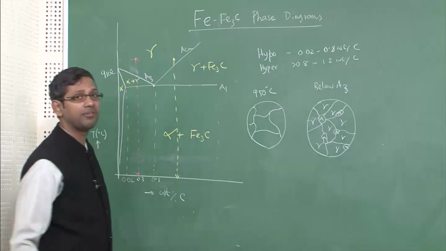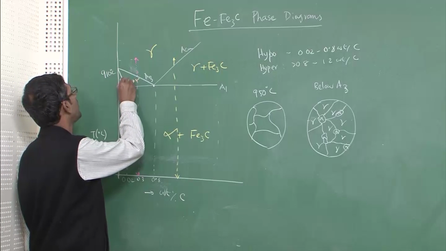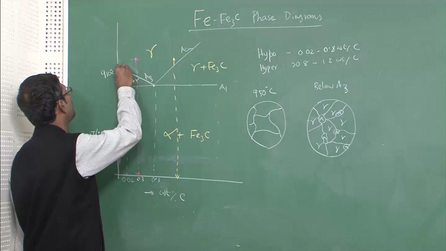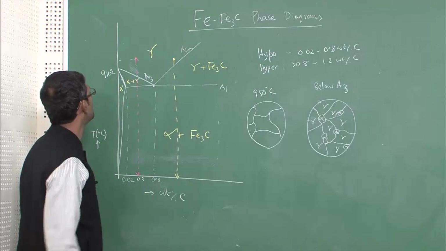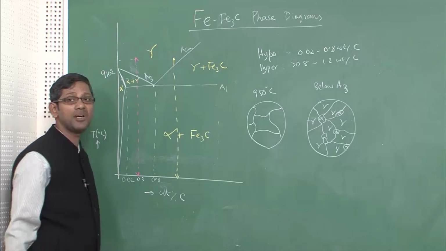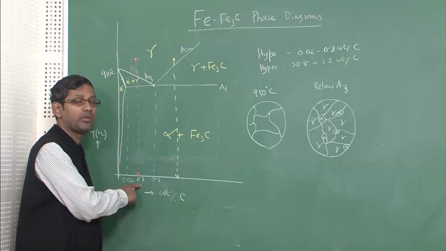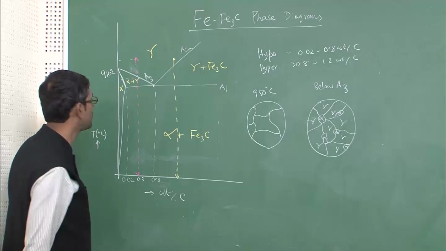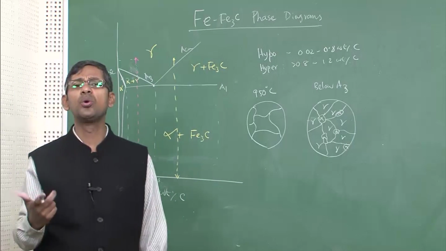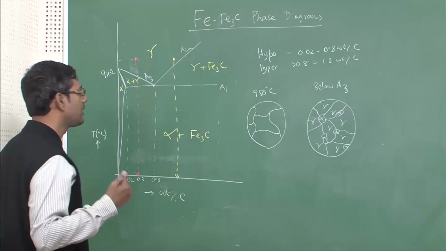As alpha forms, its concentration is given by this curve, the alpha curve. Corresponding to this, the alpha composition will be much lower than the 0.3 weight percent carbon of the alloy you have taken, because alpha contains virtually no carbon, very little carbon.